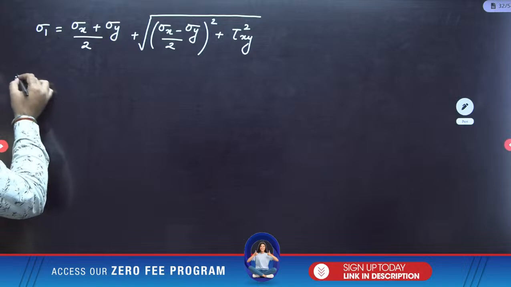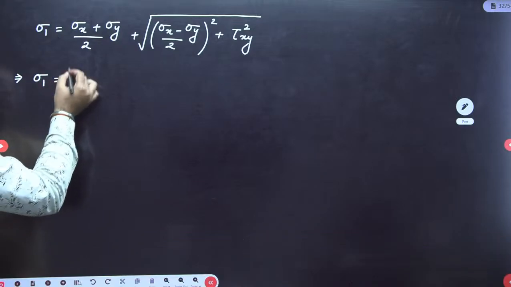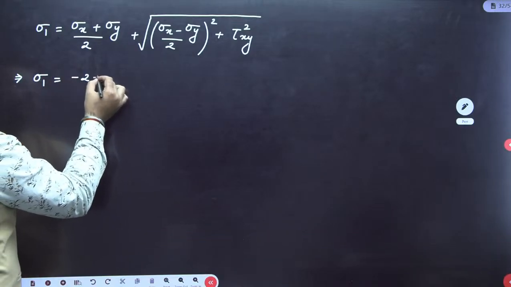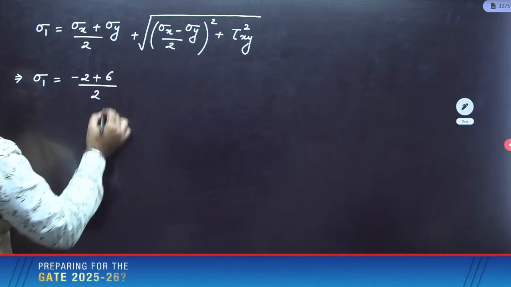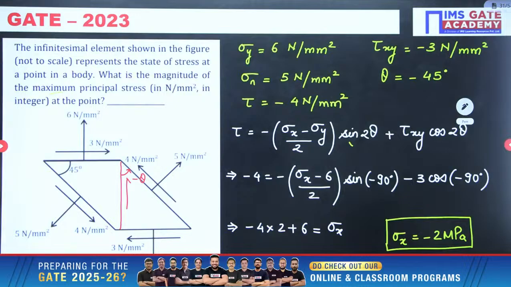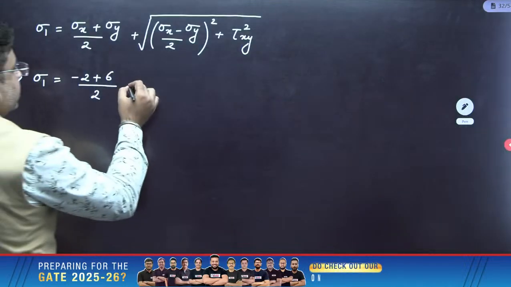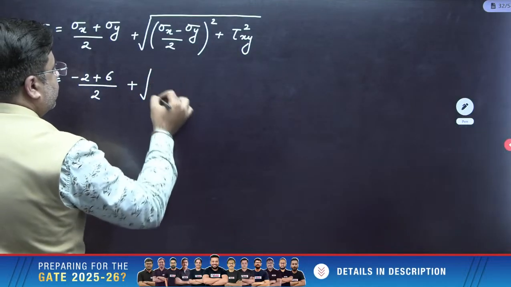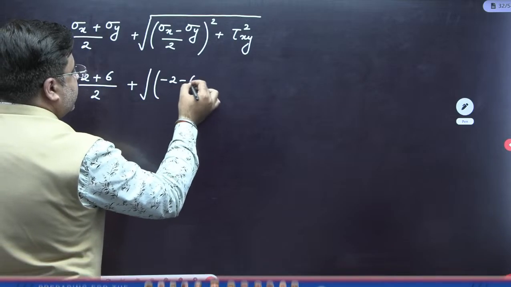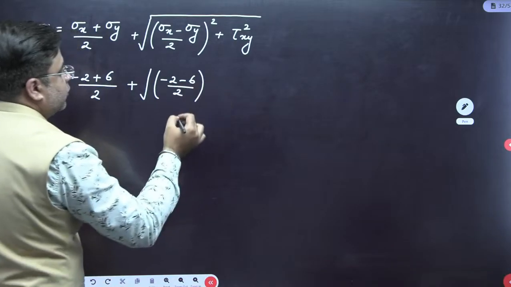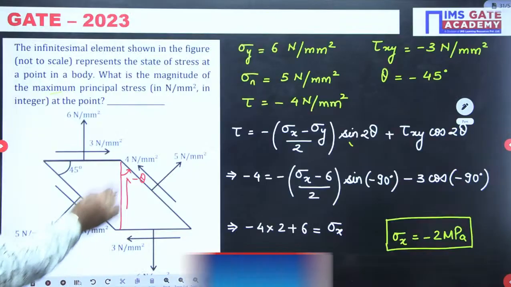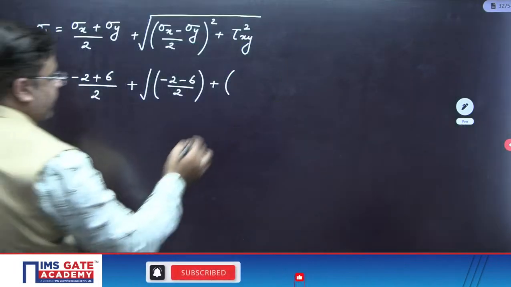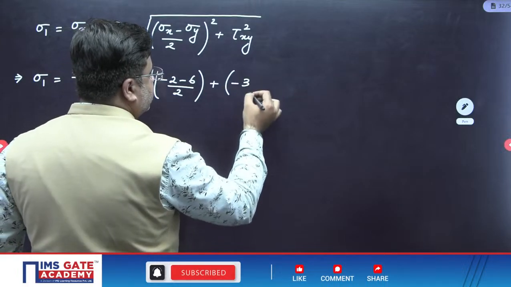So you have sigma 1 is equal to sigma x is minus 2, sigma y is 6, so minus 2 plus 6 by 2, plus under root of minus 2 minus 6 by 2 the whole square, plus tau xy, which is minus 3, square.